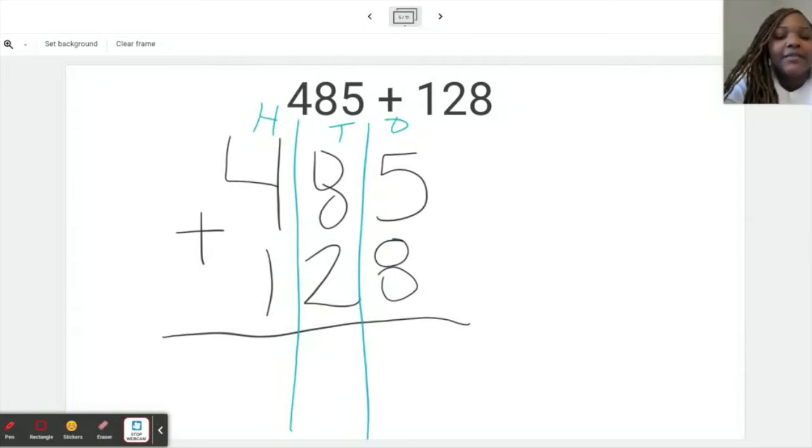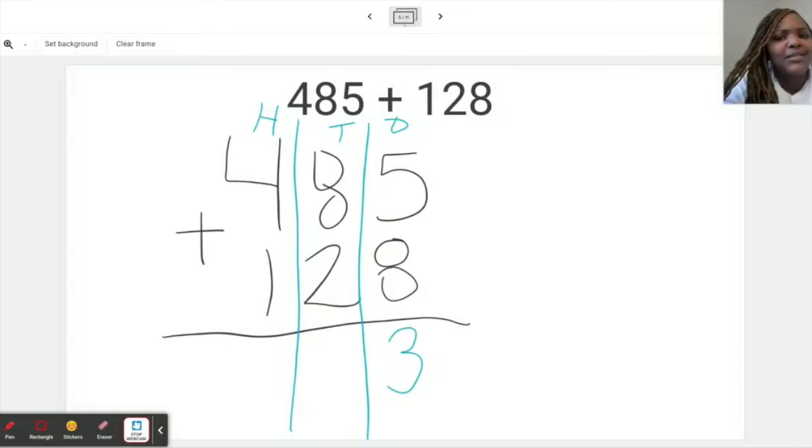Now, take a look at your ones column. In the ones, we have 5 plus 8. What's 5 plus 8? Right, 13. But friends, I know that I put my 3 here, but where do I have to put the 1? I can't put the 1 in the 1 spot.